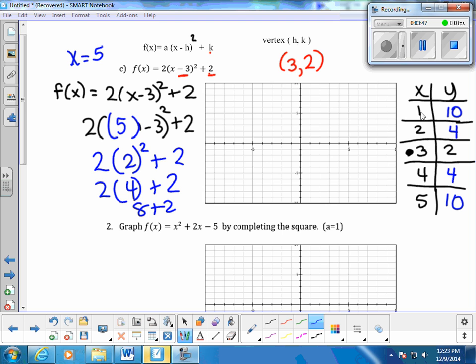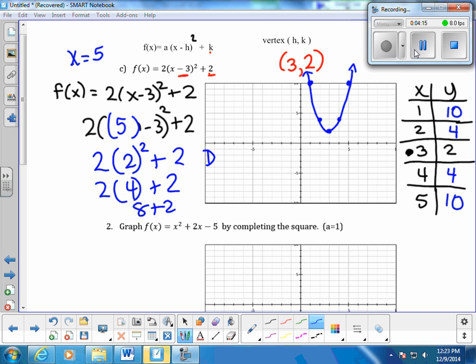So let's go plot these points on the graph. 1, 10, it's about here, 2, 4, 3, 2, ordered pair 4, over 4, up 4, and the ordered pair over 5, up 10. We can see this is what our parabola looks like.